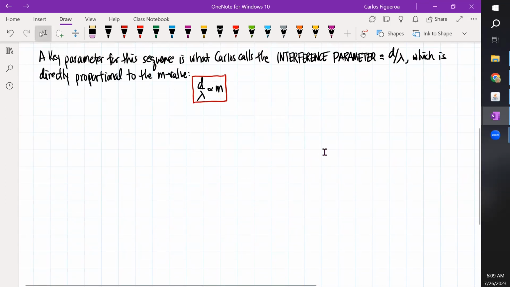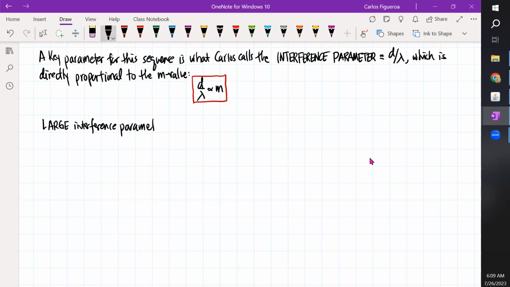For example, if I have a large interference parameter, meaning this value of d over lambda is large, then it tells us that there are more fringes.